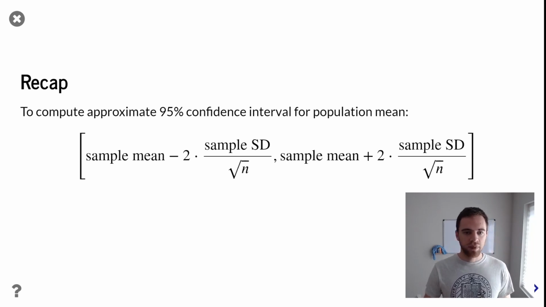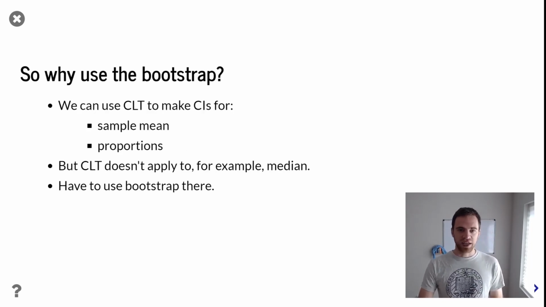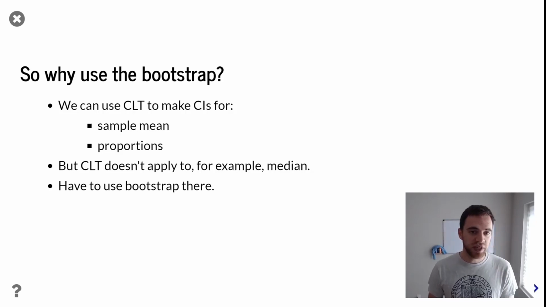Now, I'll point out here, all of this is for the sample mean. To give some context, the bootstrap is useful, but when it comes to the sample mean, we have a better tool. The central limit theorem is talking only about sample means and sample sums, but we're usually working with sample means. If I start talking about something else like the median flight delay, the central limit theorem doesn't tell us anything.